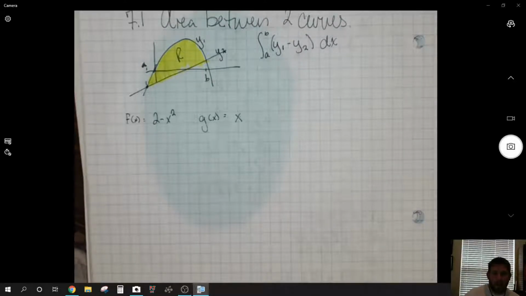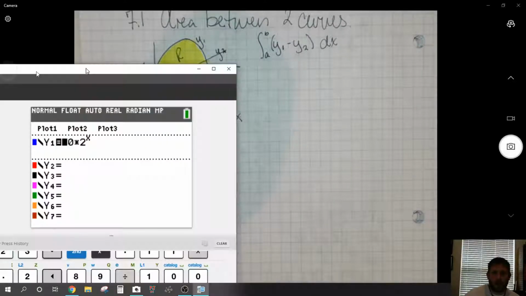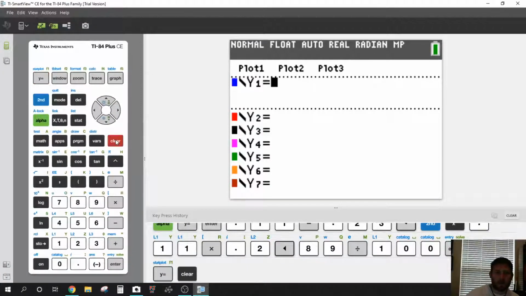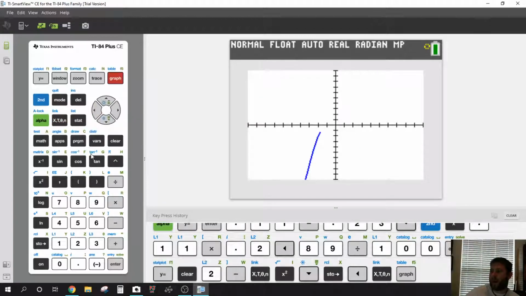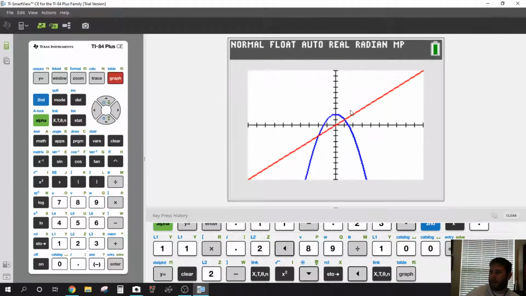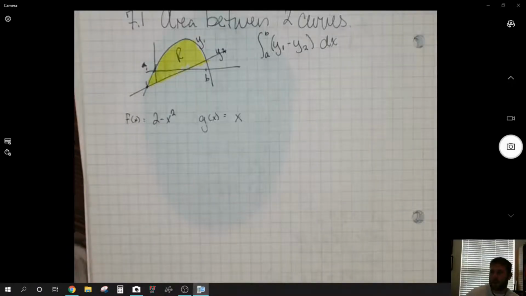What we can do is graph it in our calculator. So we have 2 minus x squared and the value x, and we can graph that. When we graph that, we can clearly see that the parabola is the upper one and the line is the lower one.